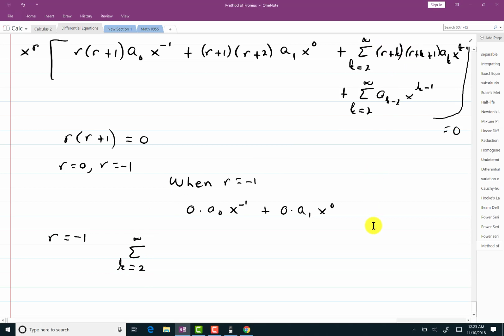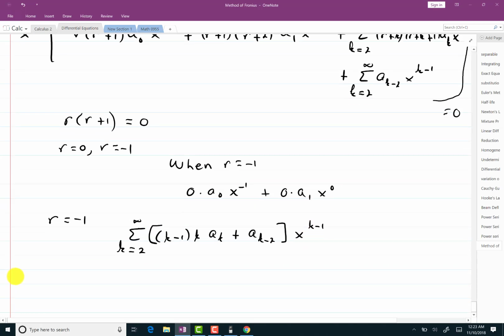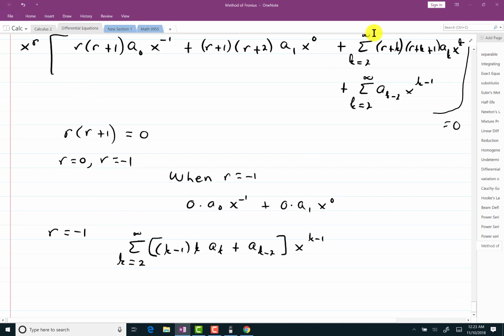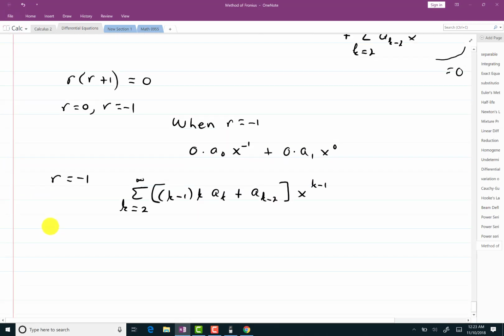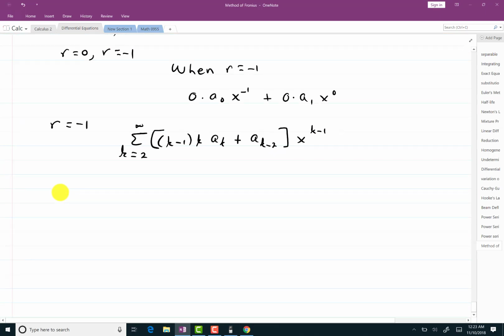I'll have k minus 1 times k, a sub k, plus a sub k minus 2, and all of that is attached to x to the k minus 1. Don't forget, for our final answer, I'm just interested in this piece in here. I still have the x to the r out front that I'll put in my answer. And so let's see what happens then. You'll set these equal to 0 as you normally do.